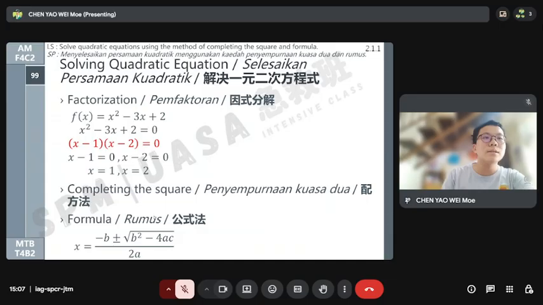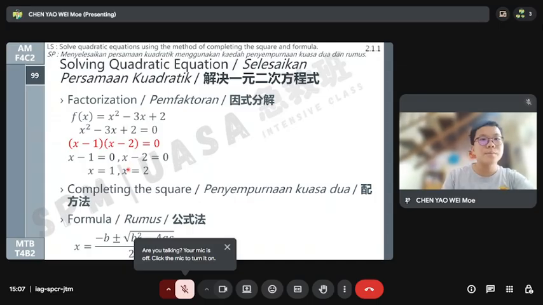I also introduced this formula and said it's an alternative way, but I do not encourage you to use it in one of the subjects, because it is only used there. But this one, you can use in both. I don't need to explain it because it's very easy; you learned it in form 2 also.